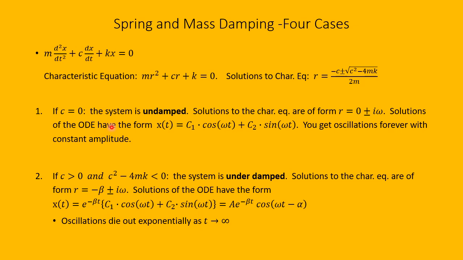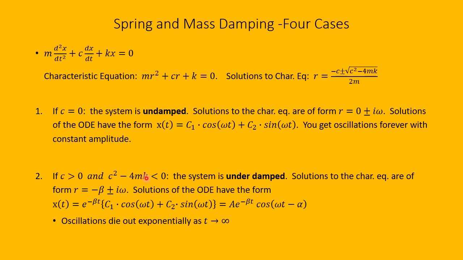We've seen this sort of differential equation before, before we started looking at masses and springs, and we saw that the solution was x of t equals a constant times cosine omega t plus another constant times sine omega t, and you get oscillations going on with constant magnitude forever.